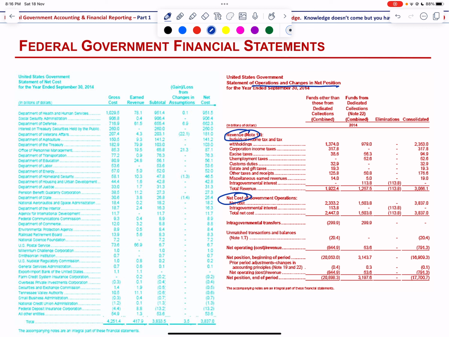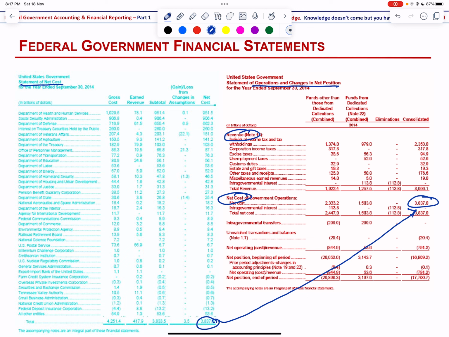Notice that the consolidated net cost reported in the statement of net cost is what is recorded over here. We simply bring the number from the statement of net cost.